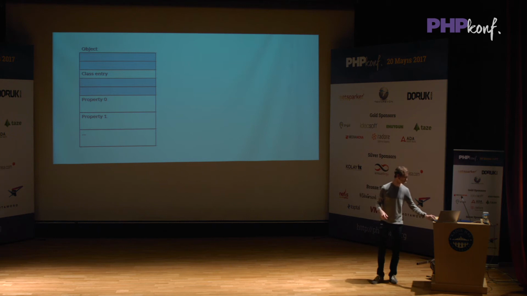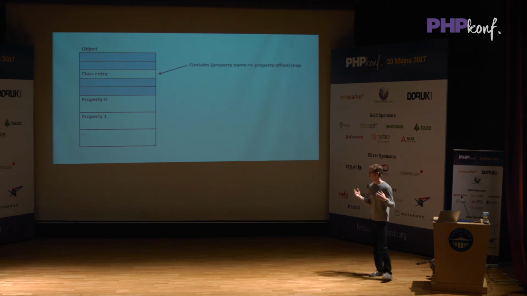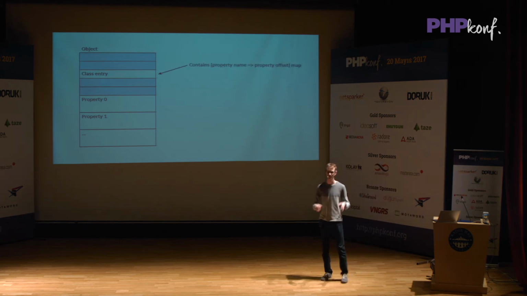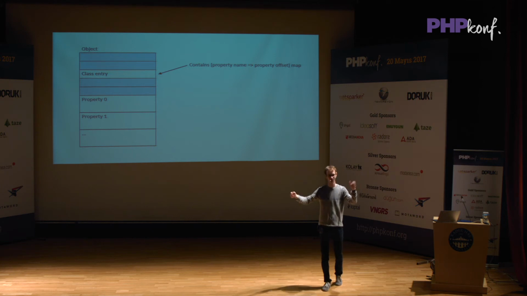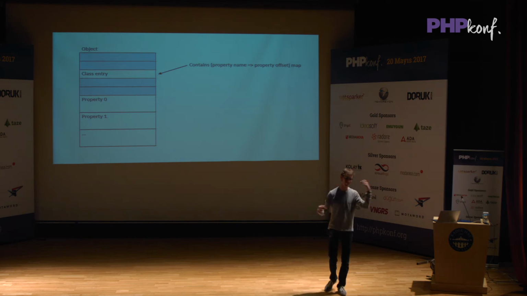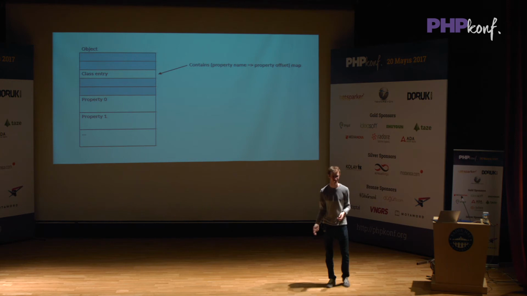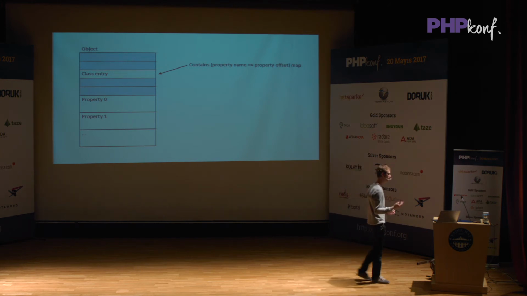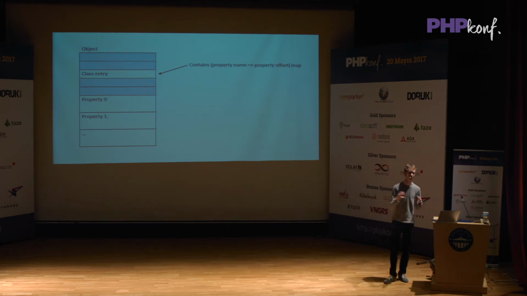And the class is the one that contains a map from property names to the correct slot. So it just says property foo goes into slot 0, property bar goes into slot 1, and foo bar goes into slot 2, and so on. Which basically means we only have to store the property names once. We don't have to store them in every object.